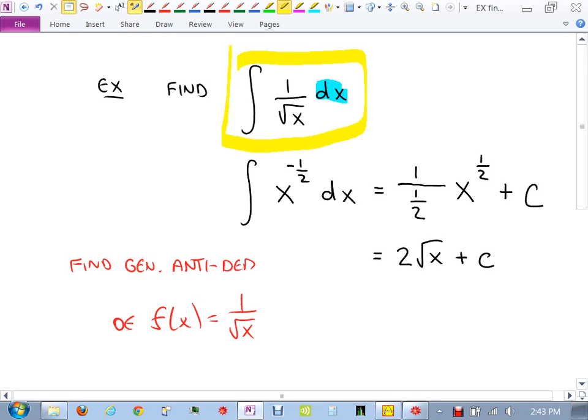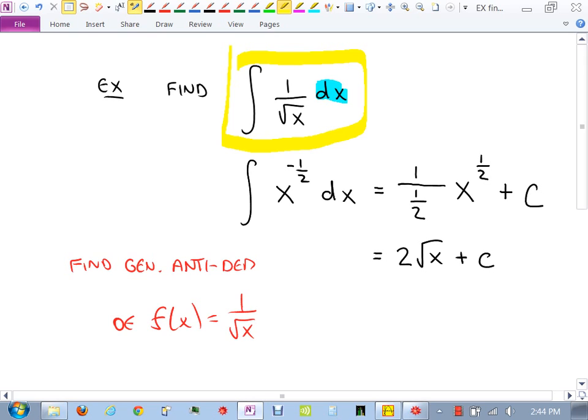Okay. Just remember to always put your plus C. I'm not a huge stickler, like, oh man, you forgot to add plus C and I'm going to count it all wrong. But I know that there are instructors that will count the entire problem wrong if you don't put the plus C. That C is called the constant of integration.